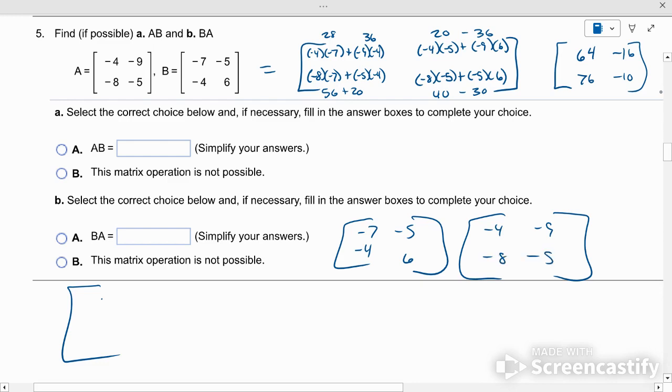So, first row, I take -7 times -4 plus -5 times -8.